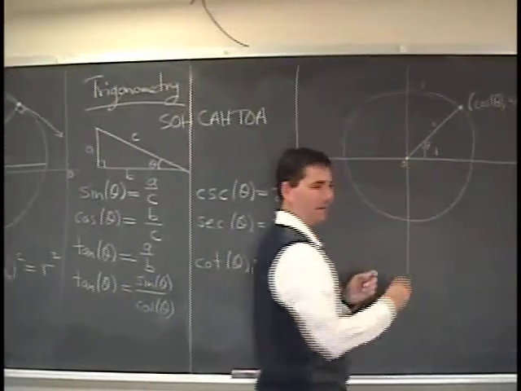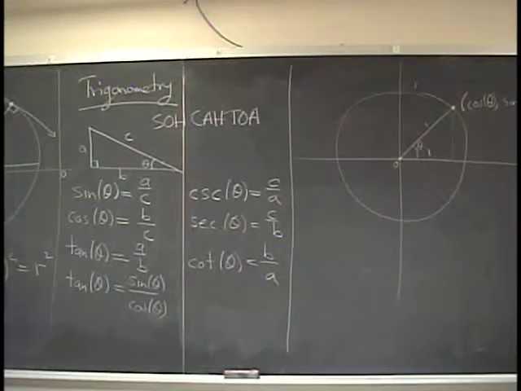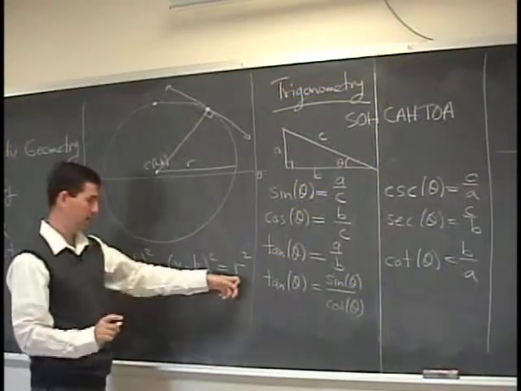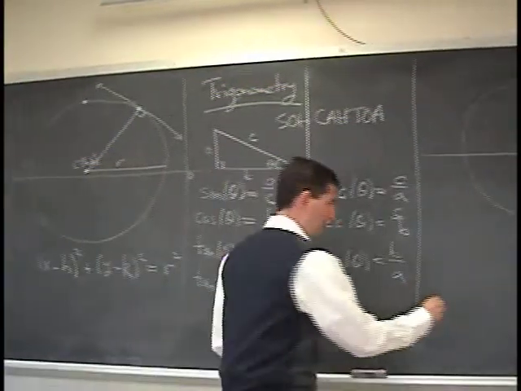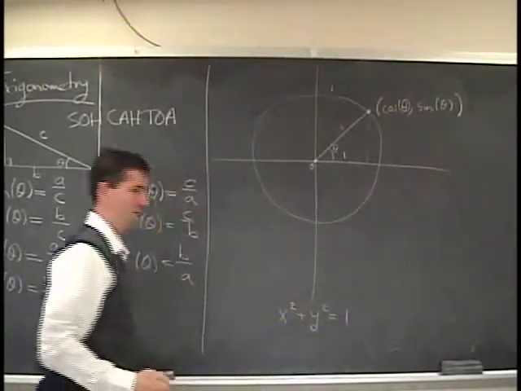This is at 0, right? So it's 0, 0. So h and k, they don't matter. You just get x squared plus y squared equals the radius squared, and the radius is 1, so it's just 1. So this is x squared plus y squared equals 1.